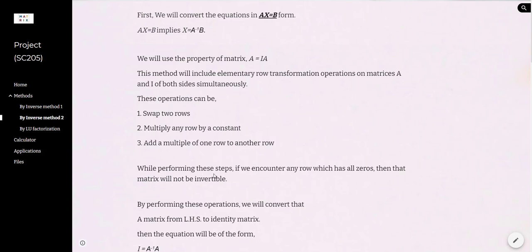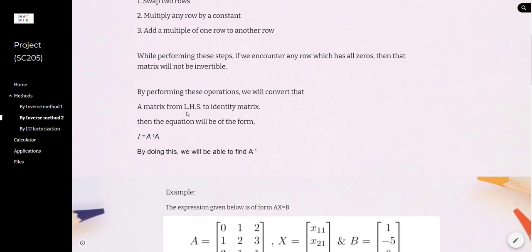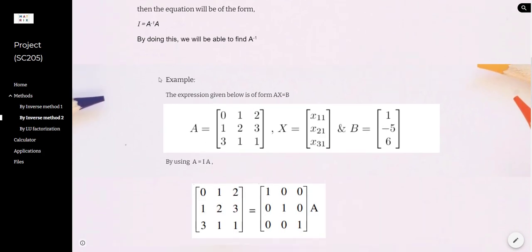While performing these row transformations, if we encounter any row which has all zeros, then that matrix will not be invertible. By performing these operations, we will convert that A matrix from left hand side to identity matrix. Then the equation will be of the form I = A inverse into A. By doing this, we will be able to find A inverse, and here is the example for this method.